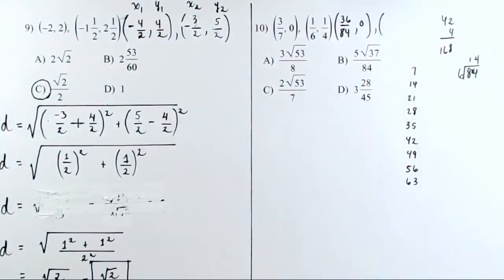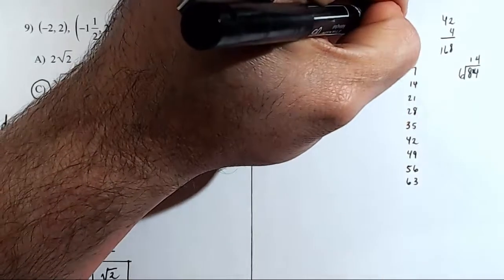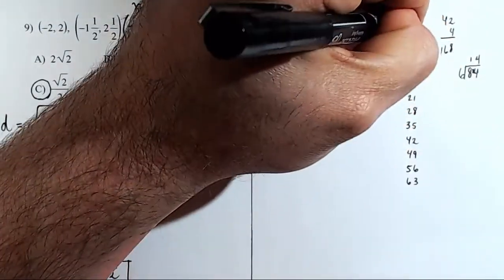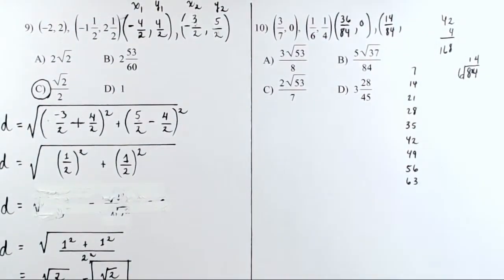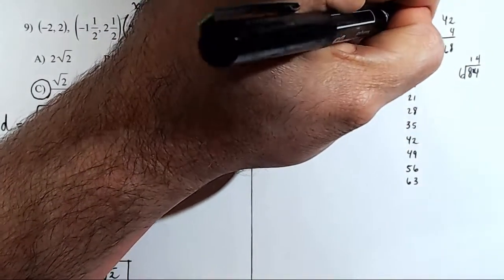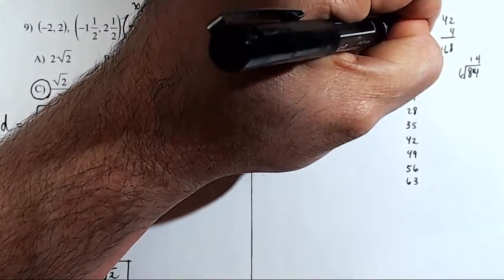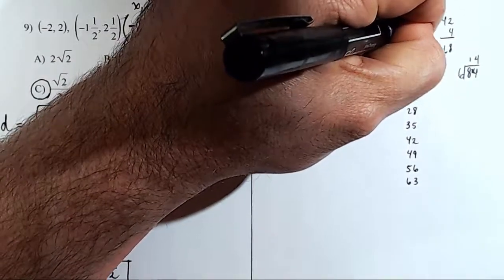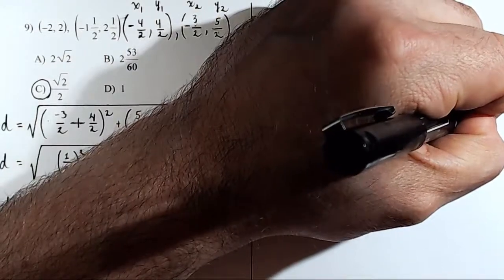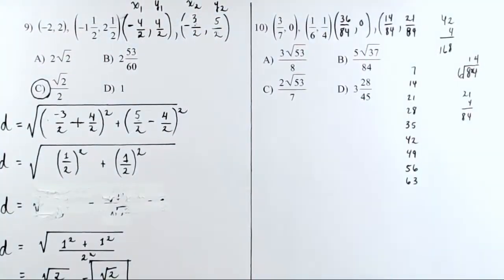And 6 times 14 is going to be 14 84ths, comma, and then 4 will go into 84 21 times. So that'll be 21 84ths. And let's double check that. 21 times 4, yeah, 84. Okay?